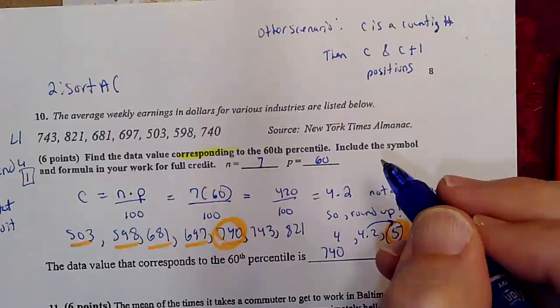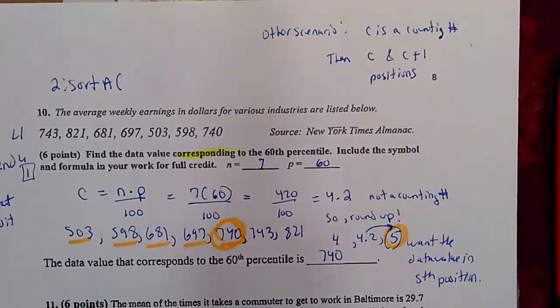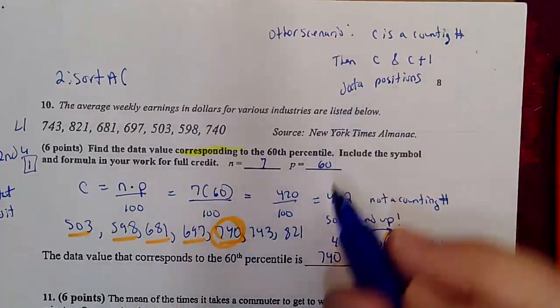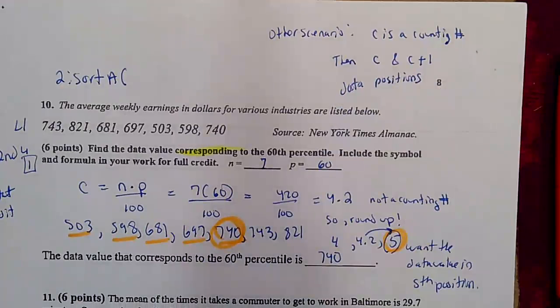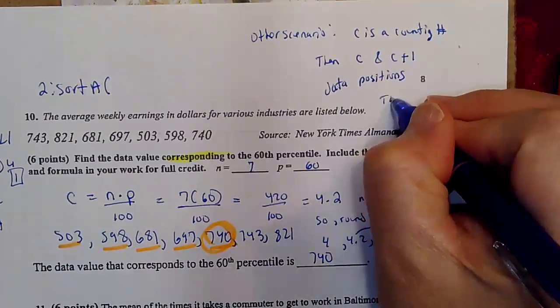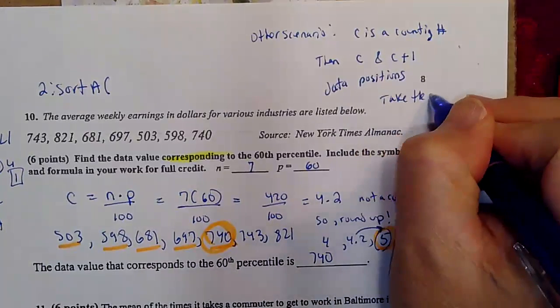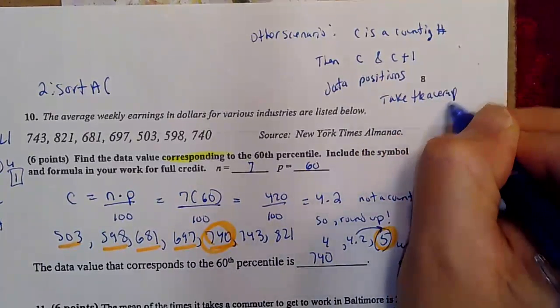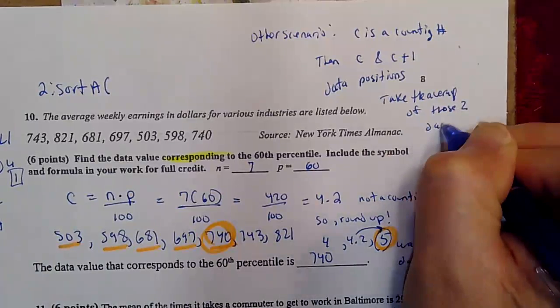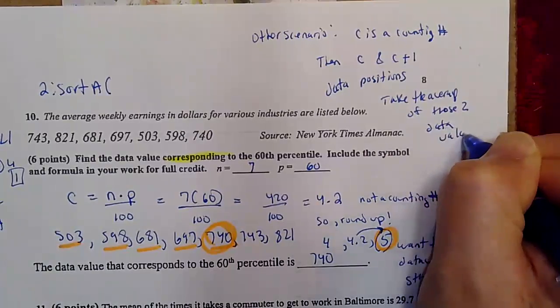And with those data positions, you take the data in the C position and the data in the next one, the C plus 1 position. And then what do you do with those two numbers? Then you average those. So you take the average of those two data values.